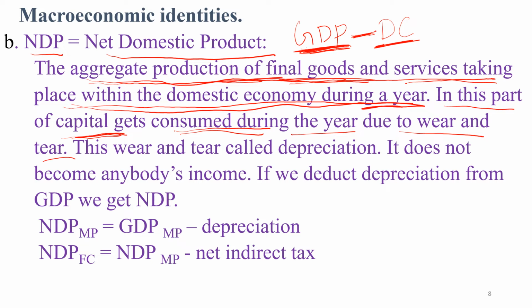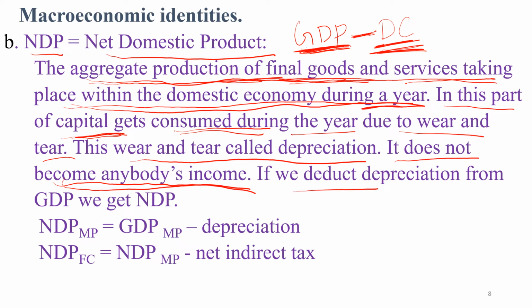Whatever you are going to spend on regular repair and maintenance, we call that depreciation charges. And this wear and tear called depreciation does not become anybody's income. So if we deduct depreciation from GDP, we arrive at net domestic product. Net domestic product at market price equals GDP at market price minus depreciation.